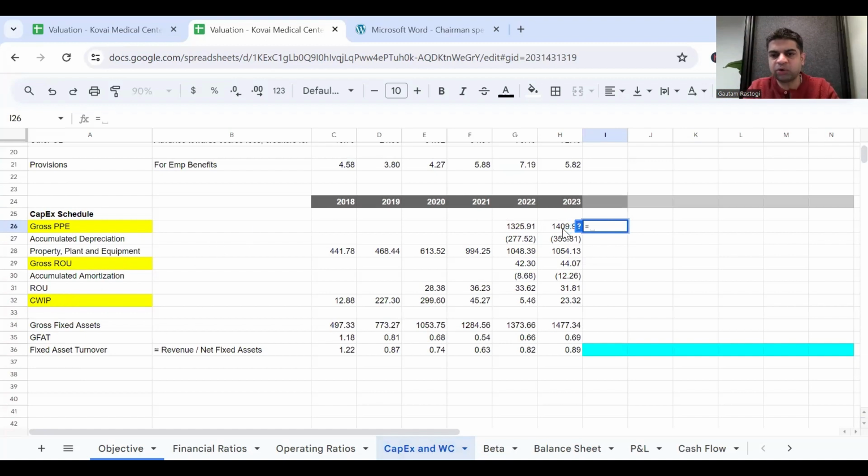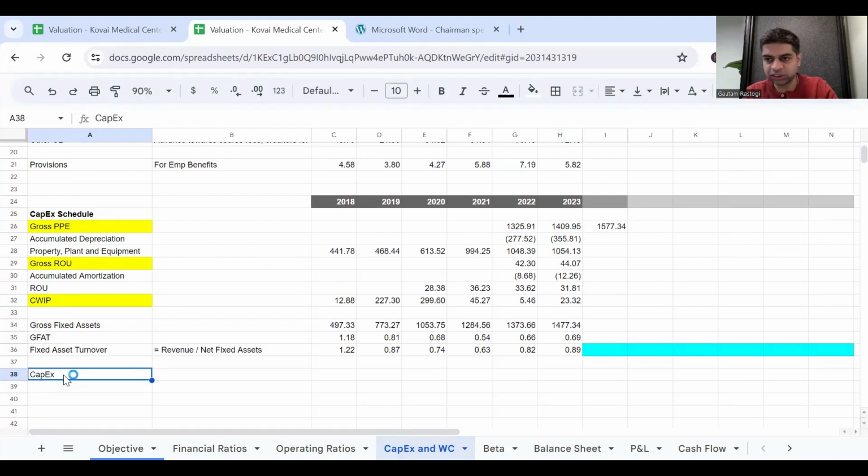So in 2024, this is this plus this, the CWIP, plus we saw 200 CR. So let's assume 100 CR. Now, one thing, let's not hard code. Hard coding is a very bad practice.